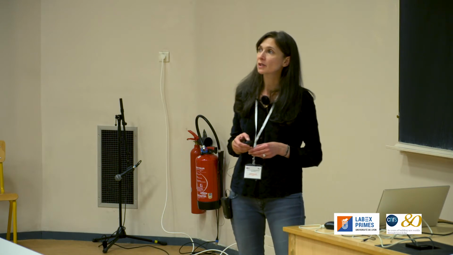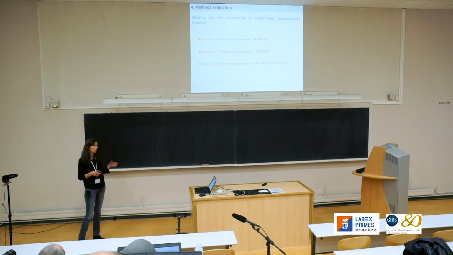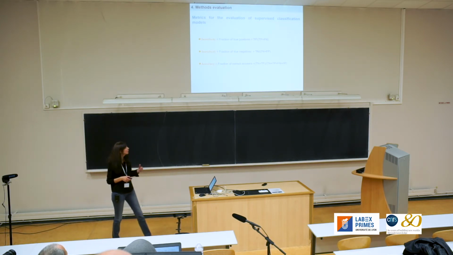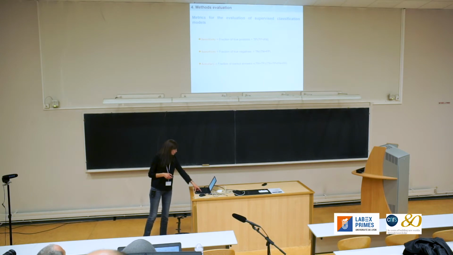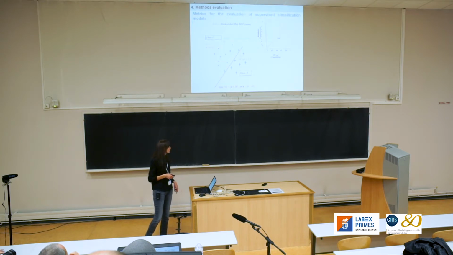But as I said this morning, sometimes what you estimate is a decision function, a scoring, for instance the distance to the hyperplane. You then have to implement what we call the decision function to determine the class of your sample.